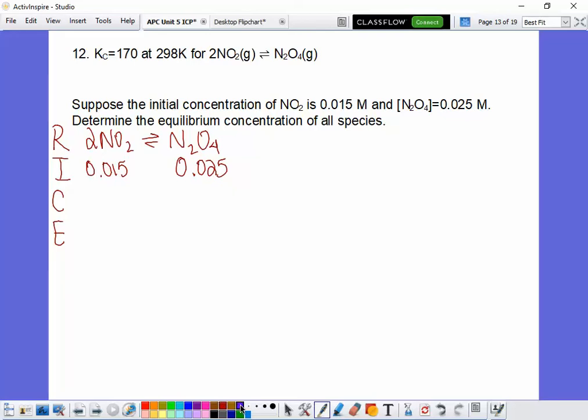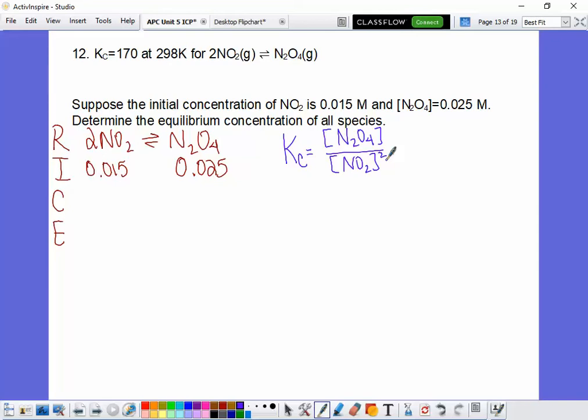Before we move on, let's go ahead and write the equilibrium expression for this reaction. What does that look like? N2O4 over NO2 squared. And both of those are concentrations. Alrighty. I am starting with some of both of my substances.